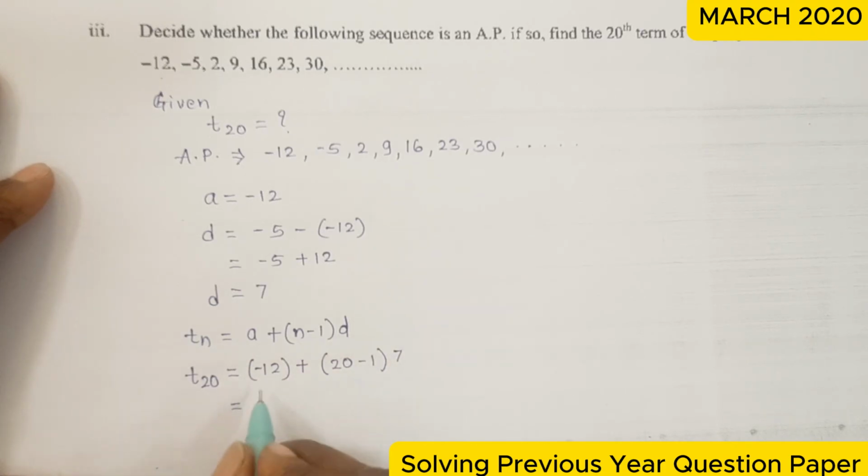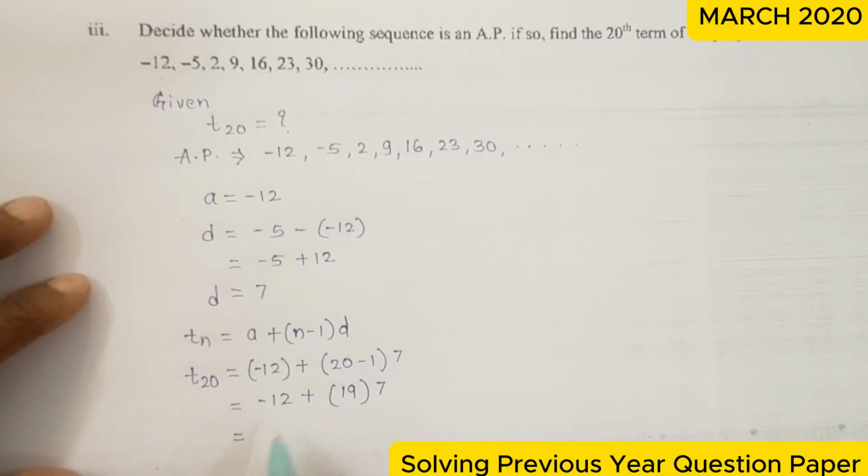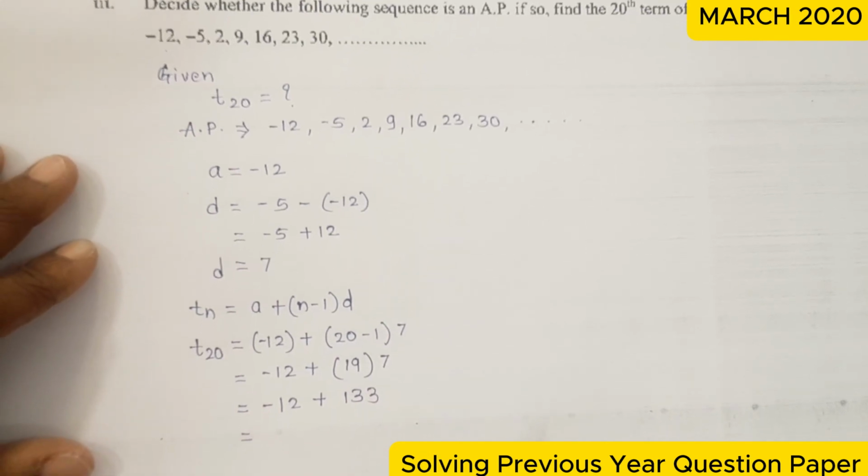So here students, -12 plus 27 and 7. Now 27 sevens are 189. So here students, 189 minus 12.